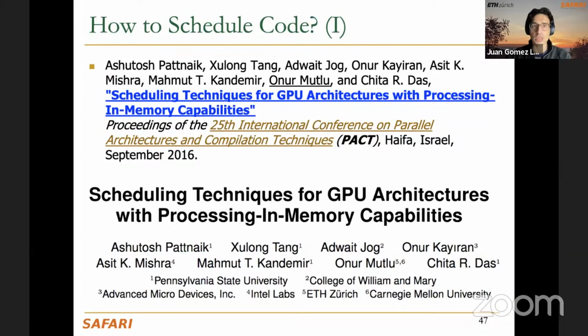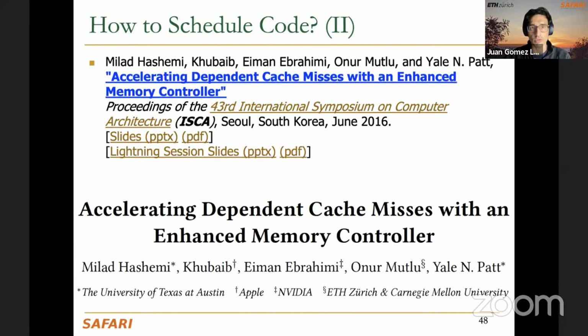It's a similar approach in some sense, but the interesting difference between these two is that they schedule code on the memory side or on the regular GPU side at different granularities. So there are different trade-offs and design considerations that make it worth studying and comparing these two proposals.